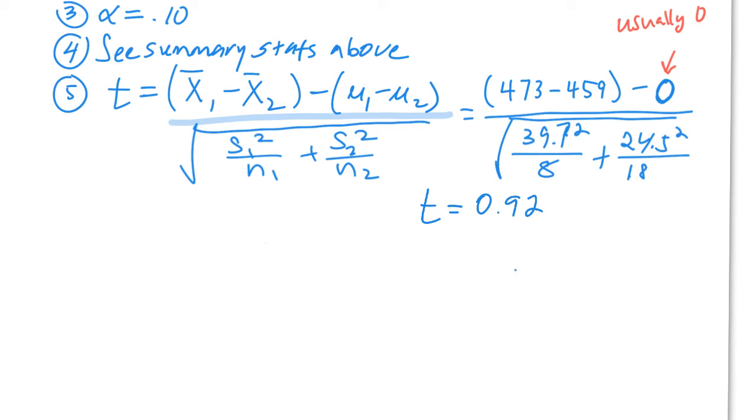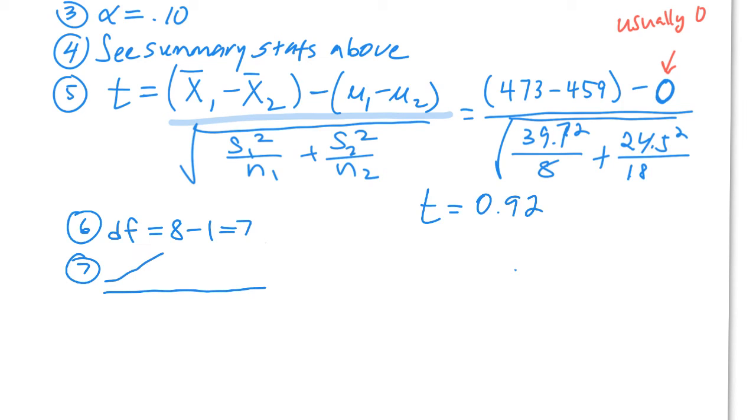All right, next, number 6 is we just calculate degrees of freedom. Remember, we're going to go to the smaller sample size and take away 1. 8 was the smaller sample size. Take away 1, I'll have 7 degrees of freedom. So in step 7, when I go to get the p-value, drawing my t-distribution, putting in the test statistic of 0.92, getting the tail area, and because it's a two-sided test, as in last chapter, you'll have to remember to double that.